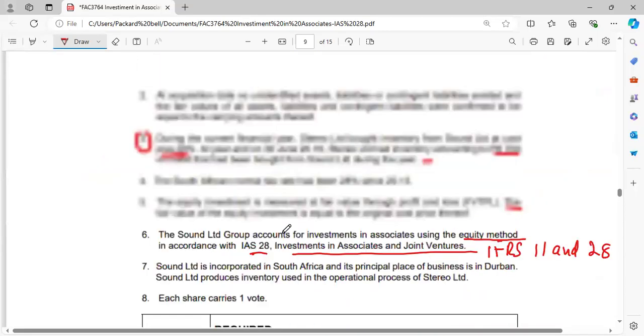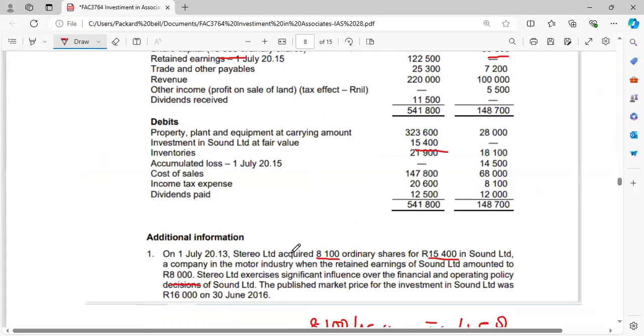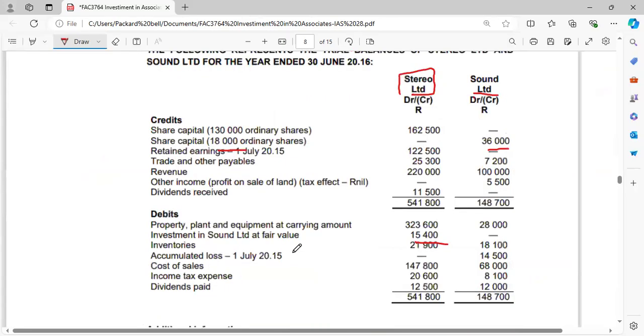Remember, you need to look for anything that decreases or increases. So let's start from the retained earning. What happened since acquisition to the beginning of the current year?